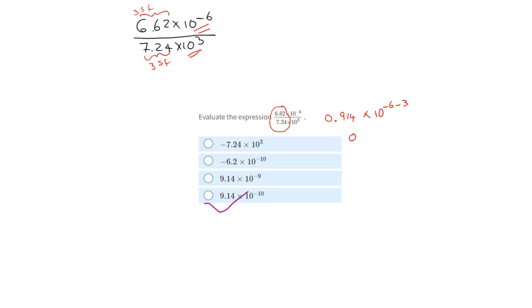So that means that will be 0.914 times 10 to the power negative 9. And now in the answer choice, I don't have that value, so I have to move the decimal to the right. When you move the decimal to the right, it will be what? I had to move one more place negative here, that is negative 10. That's why the answer choice 9.14 times 10 to the power negative 10 is the right answer. Okay.